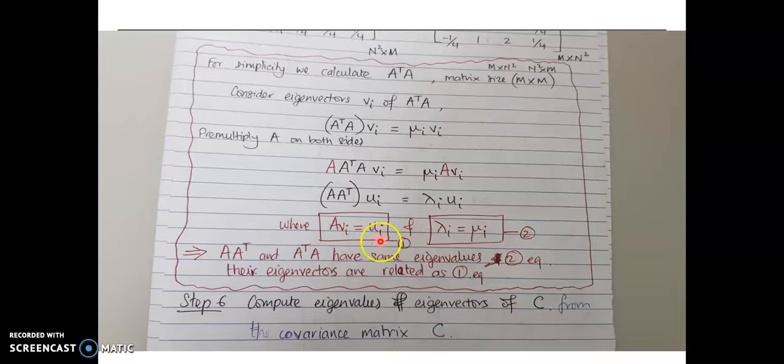In equation 1, Ui is equal to A times Vi. So we have to compute the eigenvalues and eigenvectors of the matrix A transpose times A. Now in the example that I'm using, a very small image, the size of the matrix is only a 4 by 4 matrix. I don't necessarily have to go through this step where I do A times A transpose.